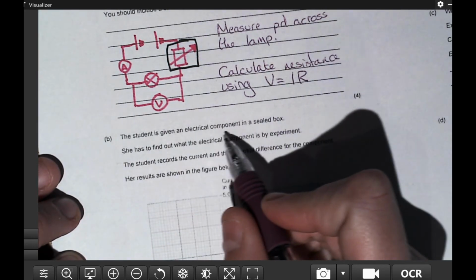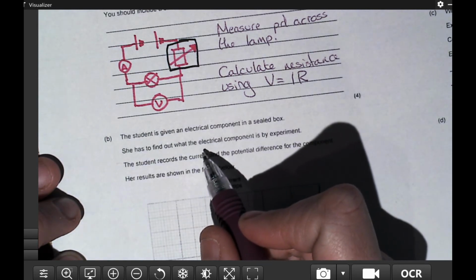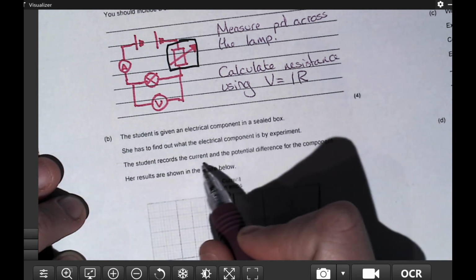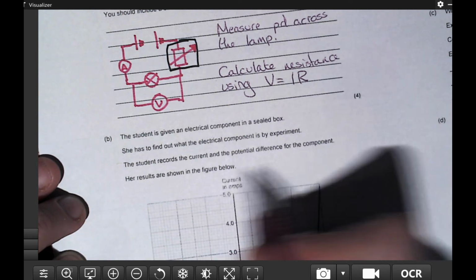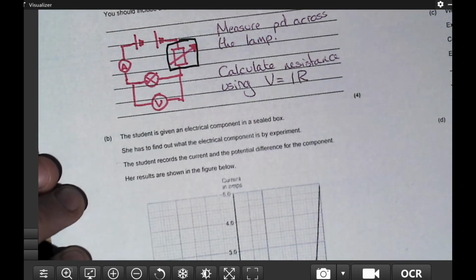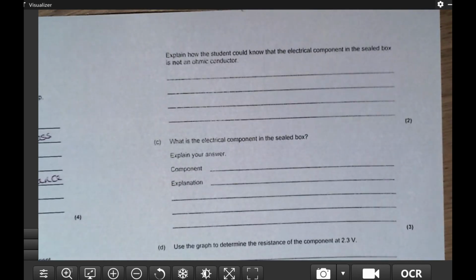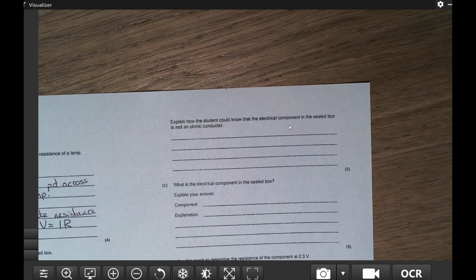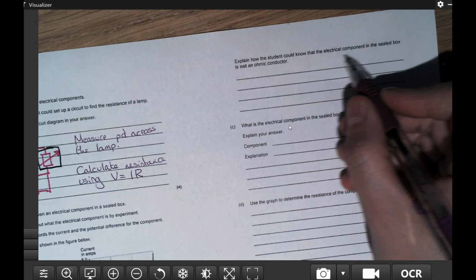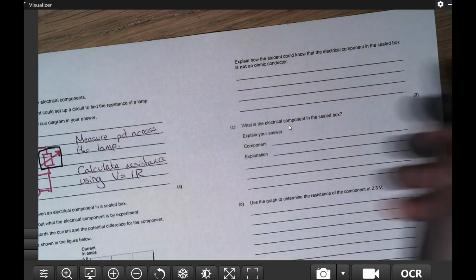A student is given an electrical component in a sealed box. She has to find out what the electrical component is by experiment. The student records the current and potential difference for the component, and her results are shown below. Explain how the student could know that the electrical component in the sealed box is not an ohmic conductor.